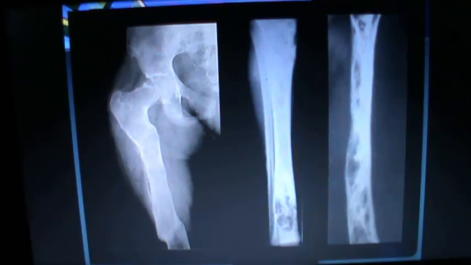On the right, the two images for the femur and tibia show multiple lucent areas representing fibrous tissue with some minimal expansion and endosteal scalloping, and also show longitudinal bands of calcifications or flaky calcifications in the distal tibia, denoting the disease process.